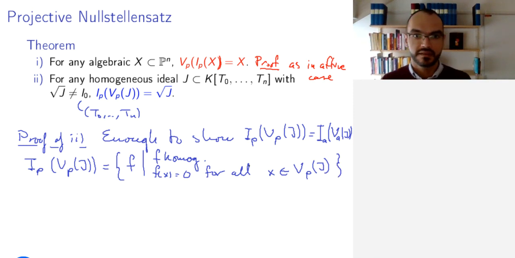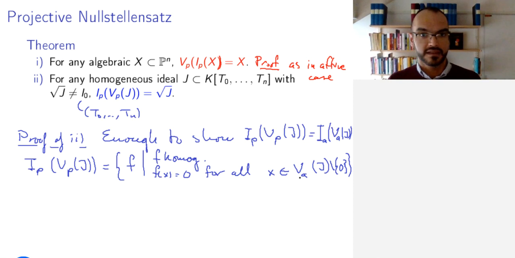Now, requiring that a homogeneous polynomial vanishes in all of VP of J amounts to requiring that it vanishes in all of VA of J, except possibly for 0, by lifting it up to affine space, so to speak.